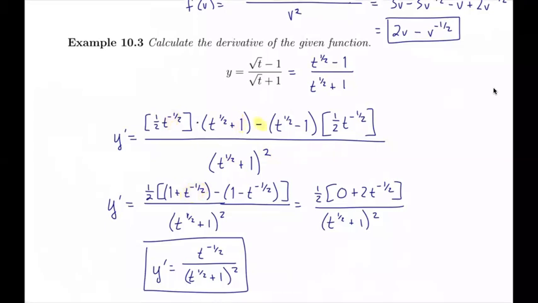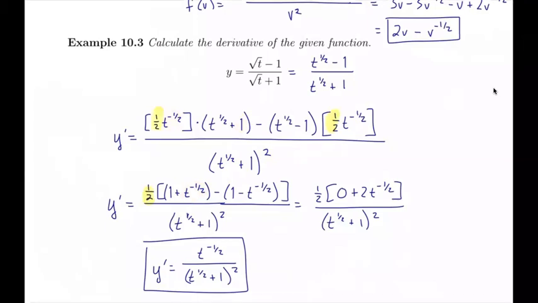And then minus, now we multiply 1/2 t to the negative 1/2 times each of these terms. And of course, the first term, very similarly, is going to be 1, right? And then we're going to have minus t to the negative 1/2. Right? And now in this case, what we did with the 1/2 is we just factored it out front.